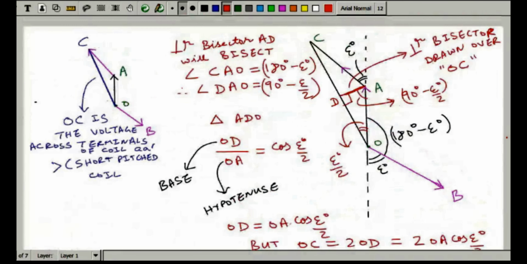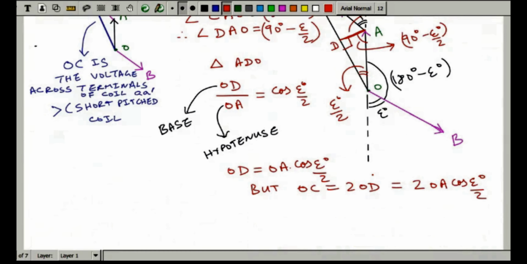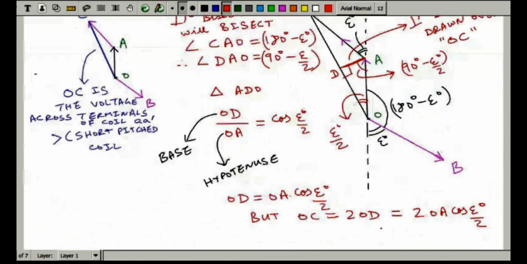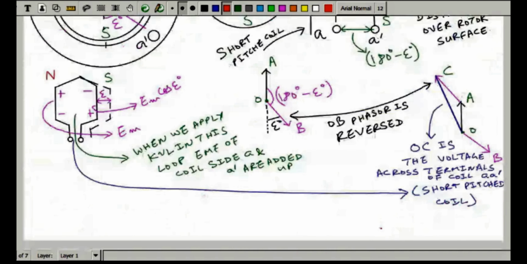How? If this would have been a full pitch coil, then the induced voltage across the coil would be 2 OA. But for a short pitch coil it is OC, as shown earlier.